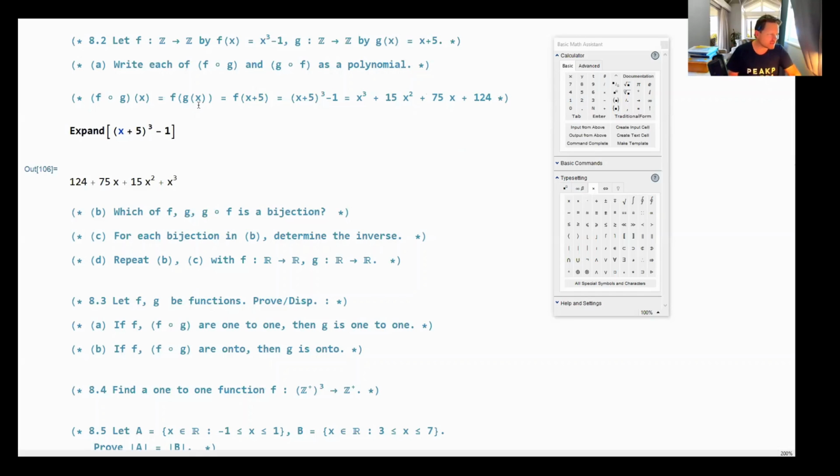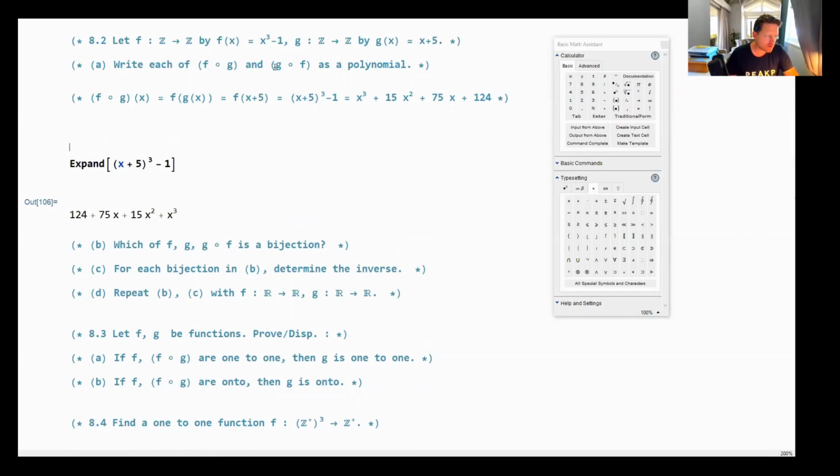Okay, now next we need to do the other way around. So g compose f. Put this in a comment too, because I might end up expanding something. Okay, so this is g of f of x, right? And so I take f of x here, which is x cubed minus 1. I've got to apply g to that.